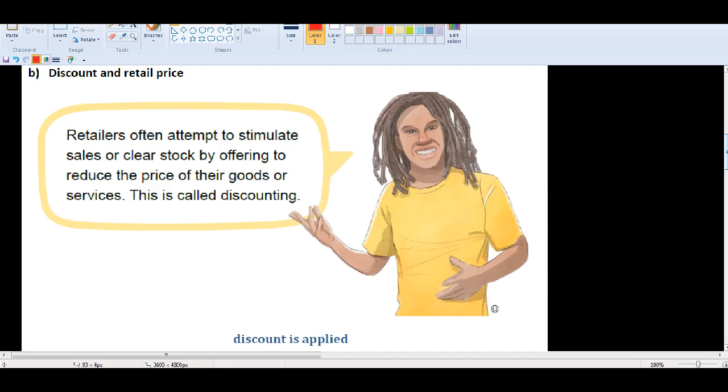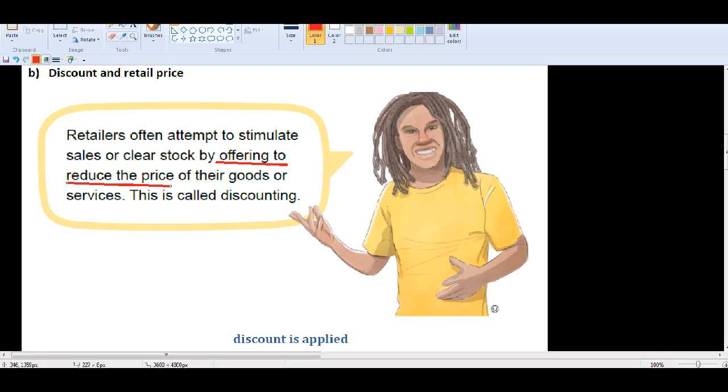Retailers often attempt to stimulate sales or clear stock by offering to reduce the price. So the purpose of a discount is to stimulate sales, and they do so by offering to reduce the price of their goods or services. This is called discounting. So you need to reduce the price.